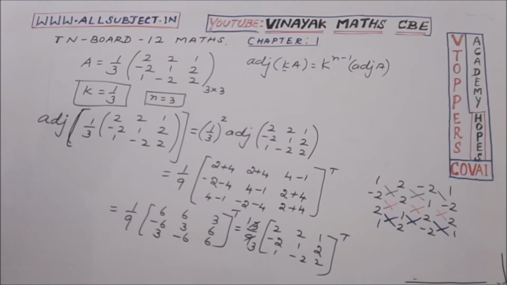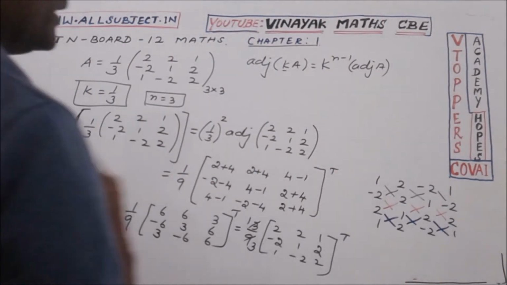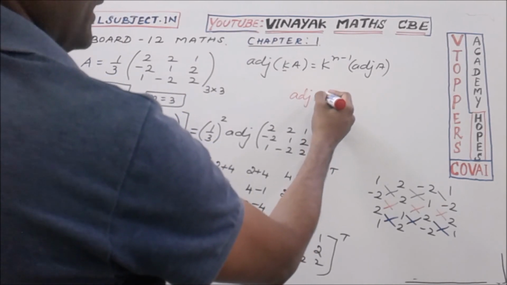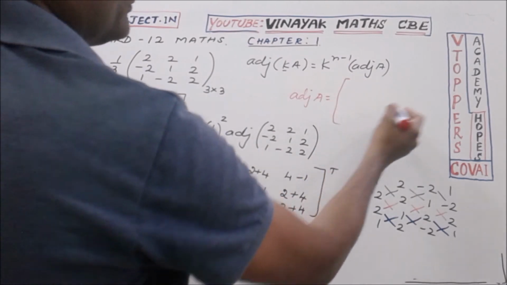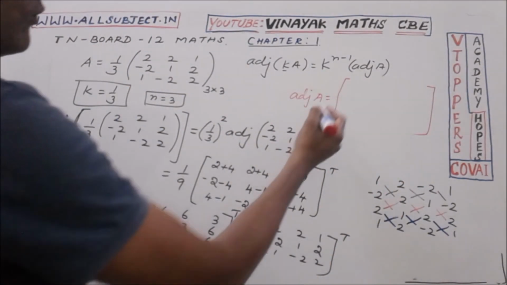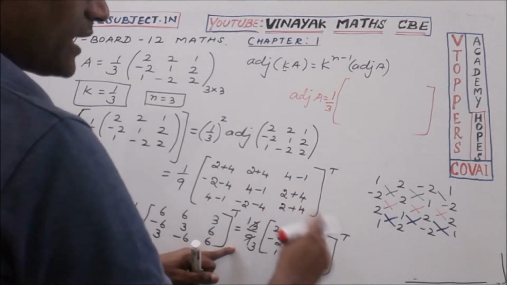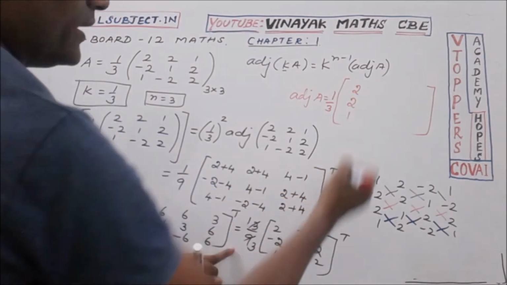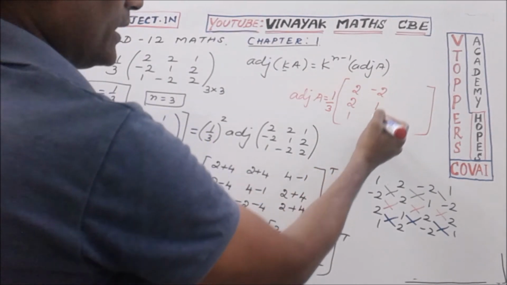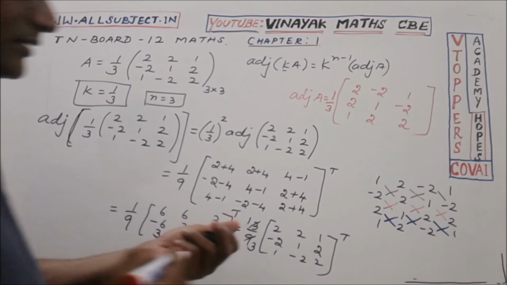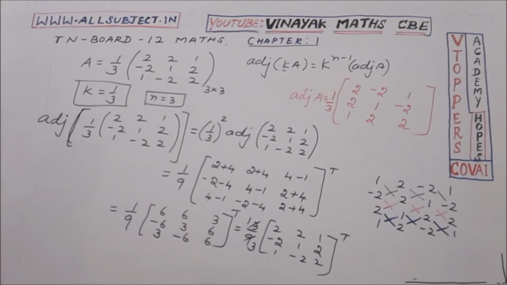The required adjoint of matrix A is equal to 1 by 3 into, transposing it, 2, 2, 1, then minus 2, 1, 2, and then 1, minus 2, 2, and this is the required adjoint matrix of the given matrix A, equal to 1 by 3 into 2, 2, 1, minus 2, 1, 2, 1, minus 2, 2.